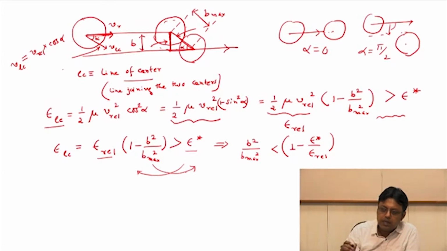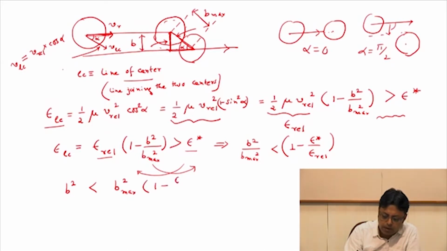So think about it. We can write it another way: b squared has to be less than b max squared times 1 minus epsilon star by epsilon relative.